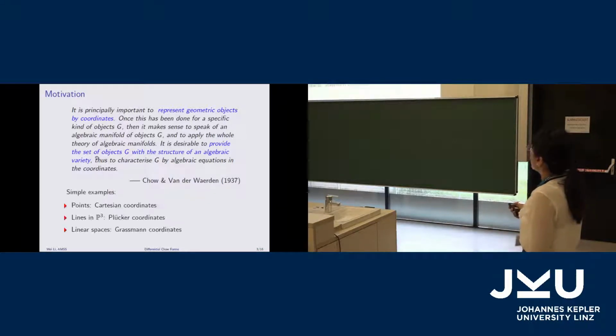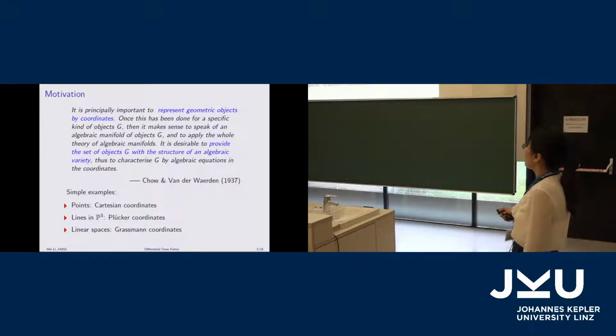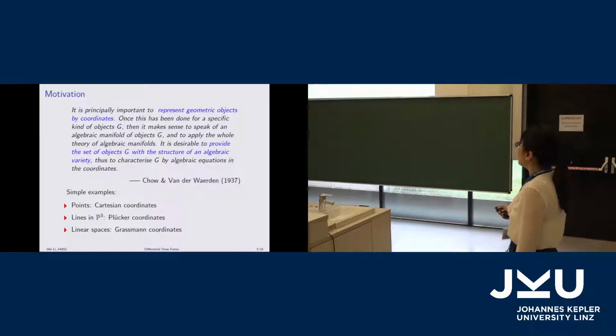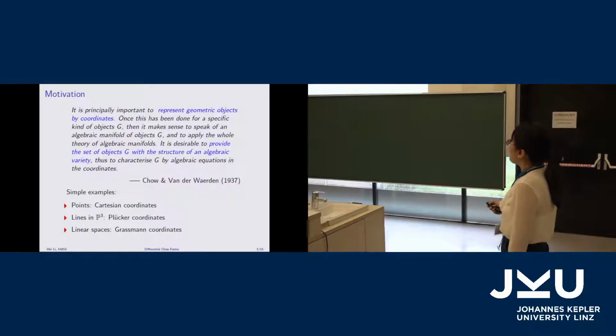For the coordinate representations, there are some simple examples. So we are familiar with the Cartesian coordinates. So once we choose a Cartesian coordinate system, each point in the space could be represented by its Cartesian coordinates. So we all know this. And for lines in the 3-dimensional projective space, they could be represented by their Plücker coordinates.